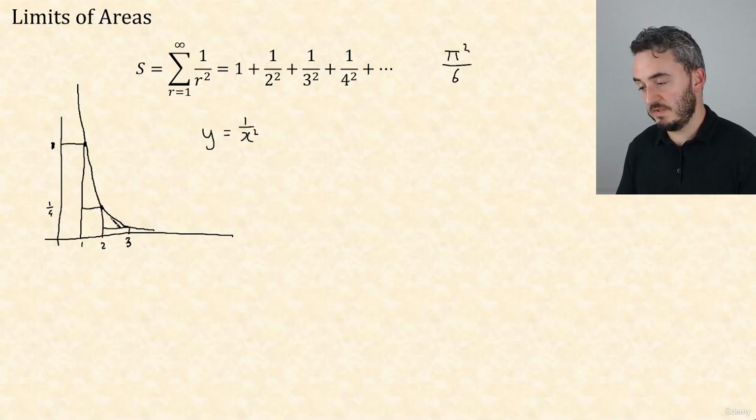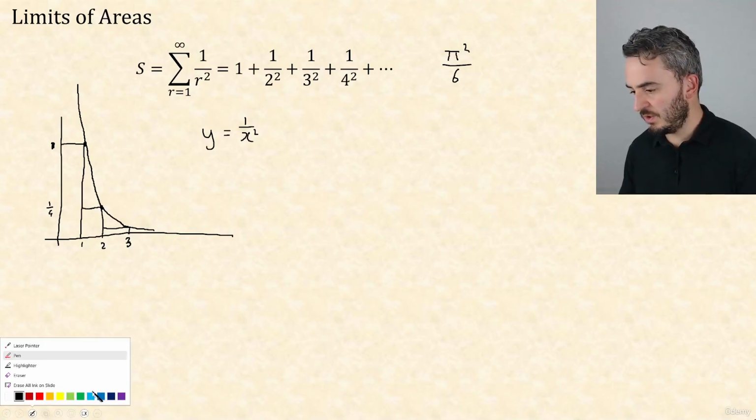On top of that, all I need to do is say, oh yeah, and there's a +1 at the end, but that's not infinite. So if I can show that 1 over x squared between 1 and infinity is convergent, and I can show that this sequence here is always sitting under it, then we're done.